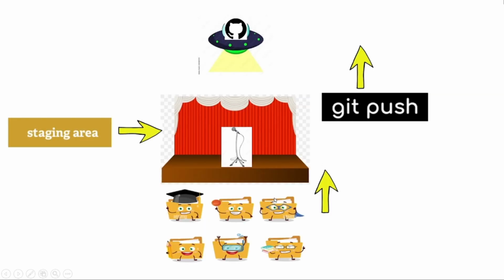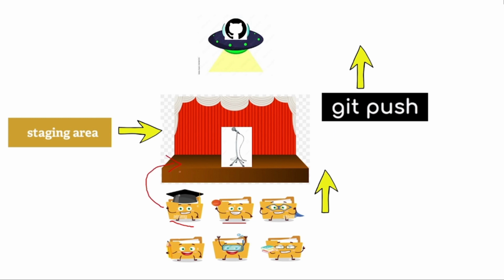Okay. Now here I'll be explaining the concept of stage and what a staging area is. See, whenever we make some changes to files or we want to upload any new files to GitHub, we have to first send these files to a staging area.